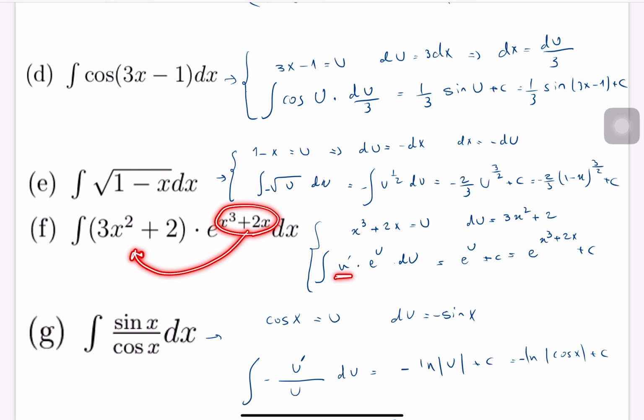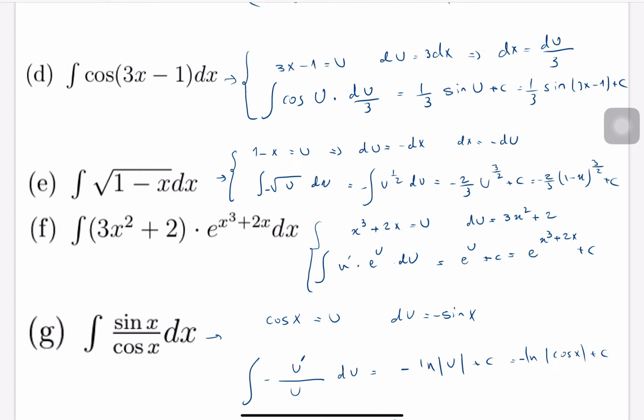Then it will be e power u du. And we know from the formula that the integral of this is e power u plus c. And we can put x power 3 plus 2x instead of u, and it will be the final result.